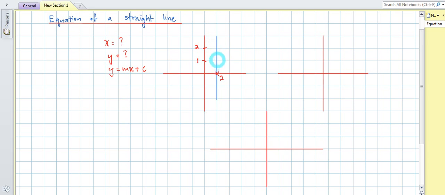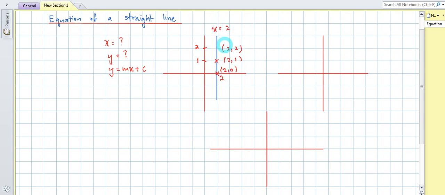You notice that the coordinates of the points which fall on this straight line are 2, 0, 2, 1, 2, 2. You see, the x coordinate always equals 2. That's why we say x is equal to 2.